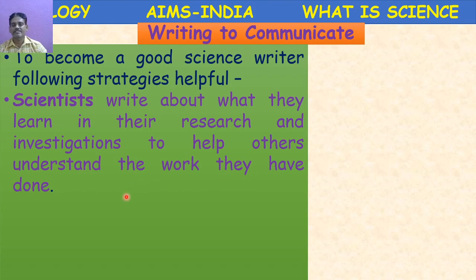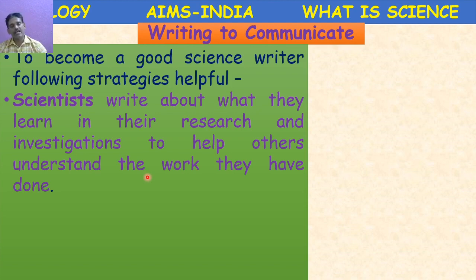Unless you put it on paper, what you have done, you cannot remember each and every step or the process exactly. So if you make a note of every step, the results of every experiment, every event, it will be useful for others also to understand the work you have done.